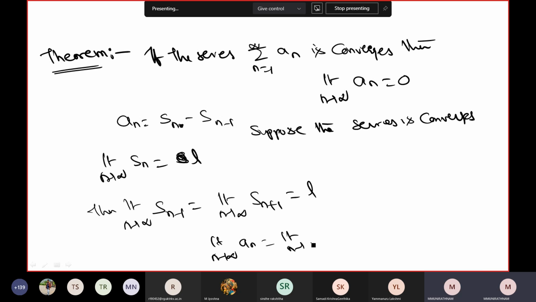So limit n tends to infinity an is nothing but Sn minus Sn minus 1. So this will be L minus L, that will be 0. So limit n tends to infinity an will be 0.